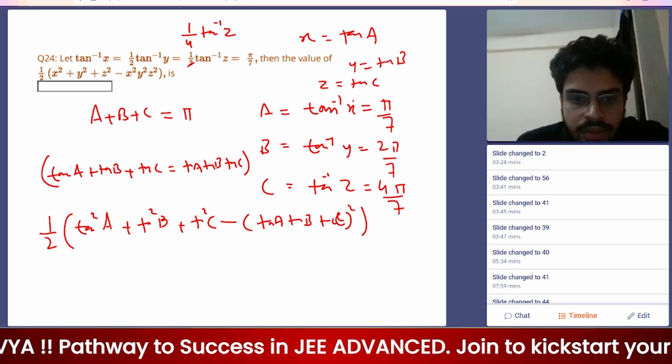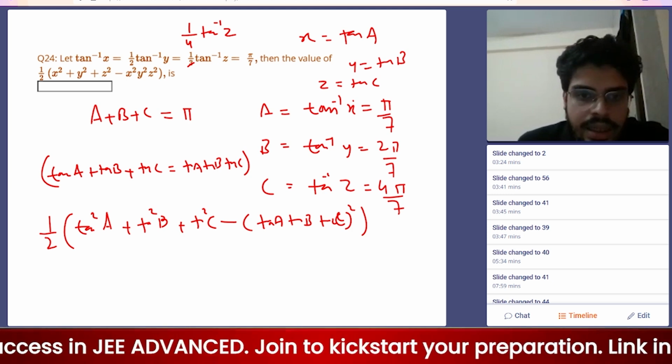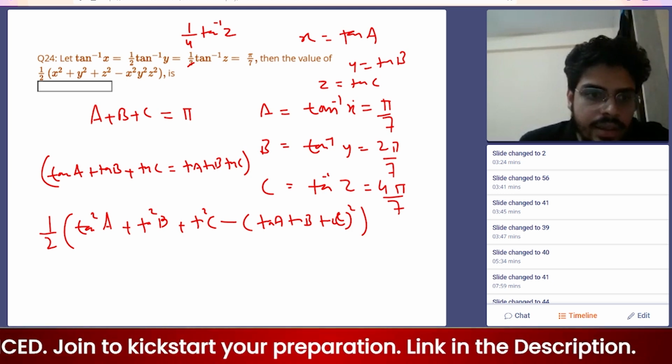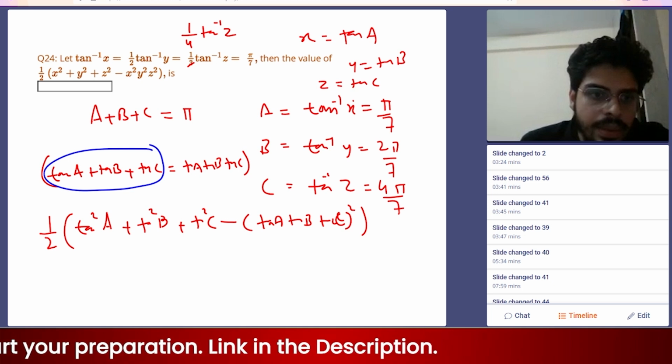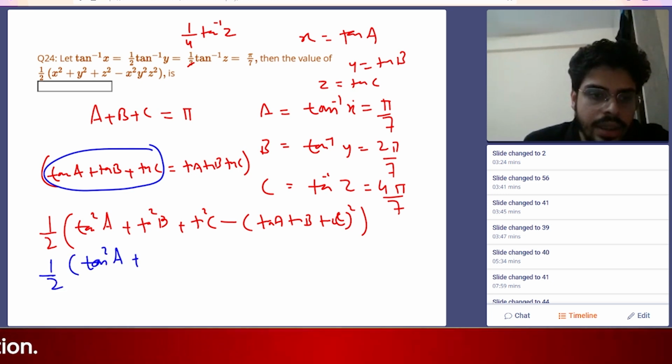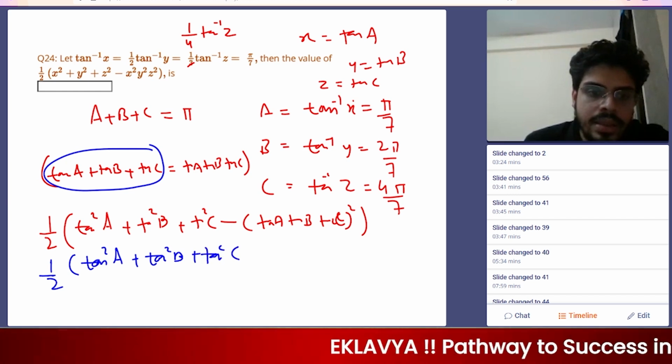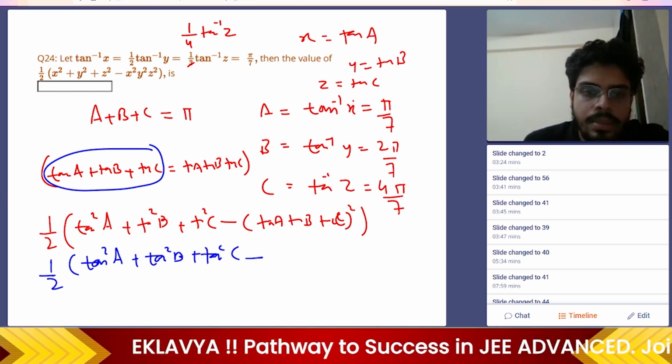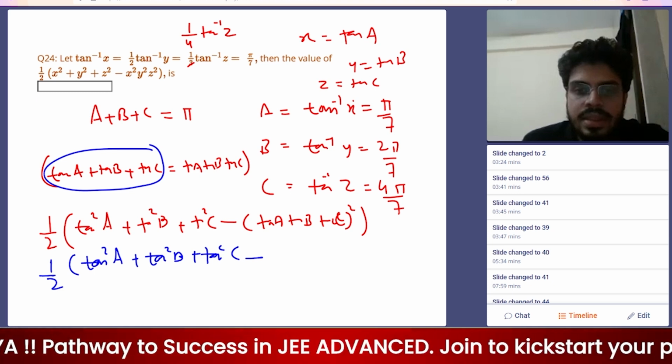Now in place of tan A tan B tan C, I can write tan A plus tan B plus tan C. So I'll get half (tan²A + tan²B + tan²C) minus (tan A + tan B + tan C) whole square.